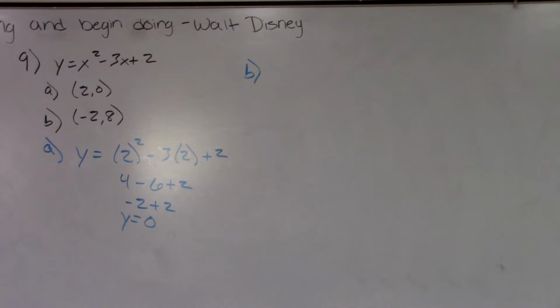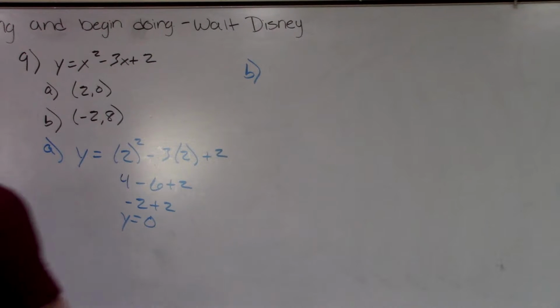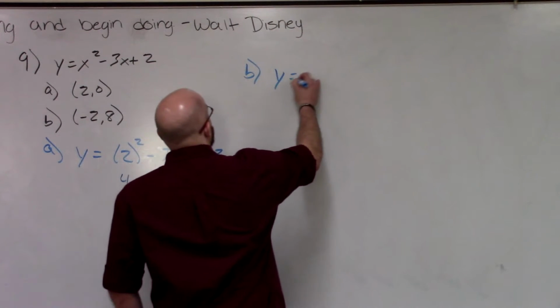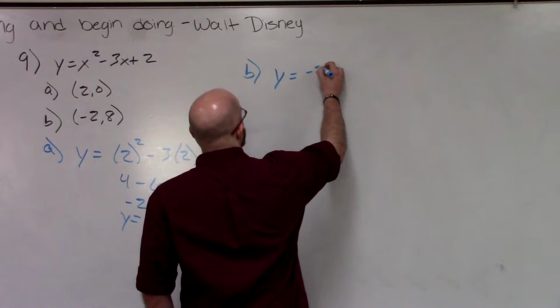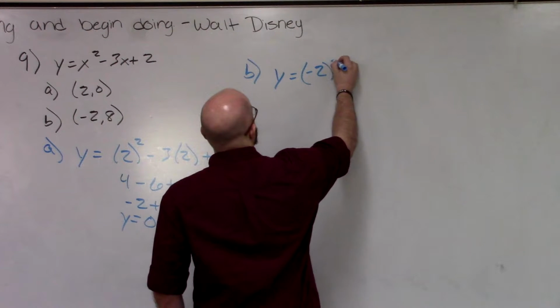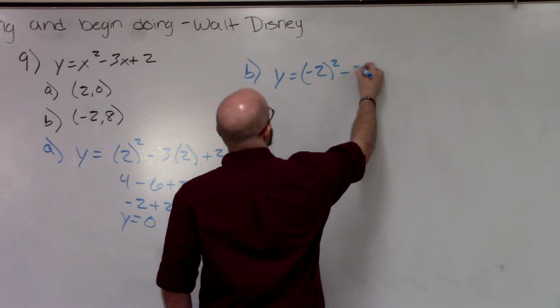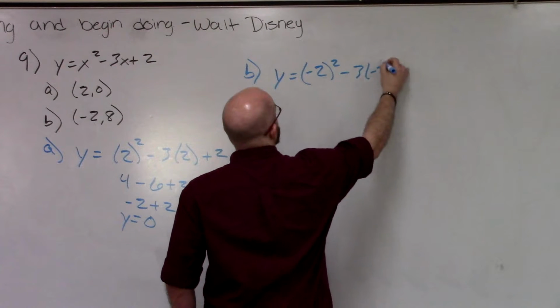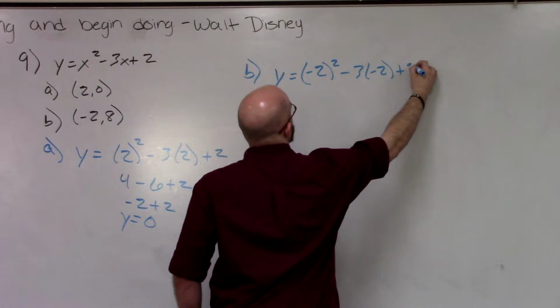So now, plug in negative 2 for all the x's, and let's see if we get 8 out. So y equals negative 2 squared minus 3 times negative 2 plus 2.